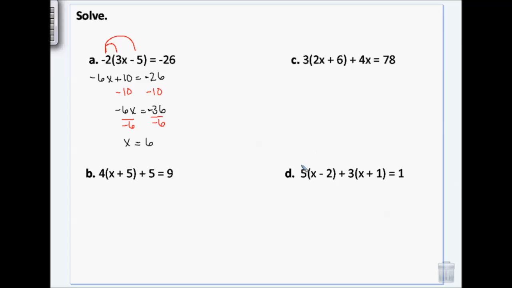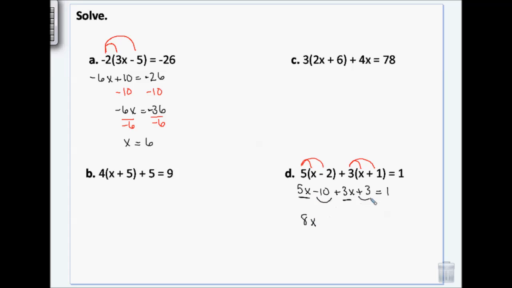Alright, so we'll skip to here and we'll do 5 times x and 5 times negative 2, 3 times x, 3 times 1. Okay, so that gives me 5x minus 10 plus 3x plus 3 equals 1. 5x and 3x is 8x.